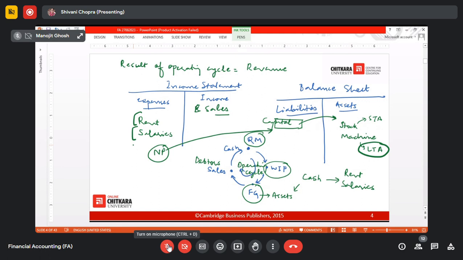This is the basic underlying distinguishing point between capital expenditure and revenue expenditure. The rest of the things are just story. Am I clear on this? So that we can now build up the rest of the story on this foundation. Is it okay? Yes, ma'am.